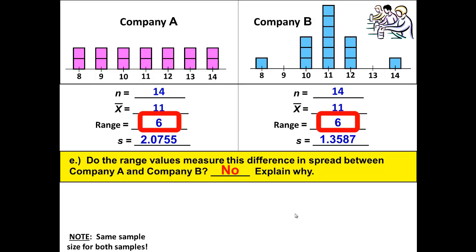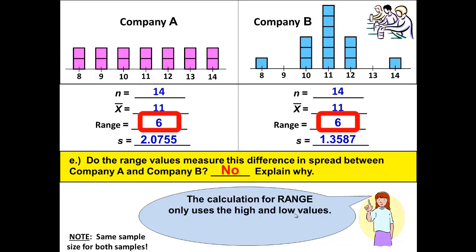And why is that? Well, the calculation for the range for Company A took 14 minus 8. The range value for Company B took 14 minus 8, but the range did not take into consideration any of the other values. The calculation for the range only uses the high and low values. It does not use all of the data values.